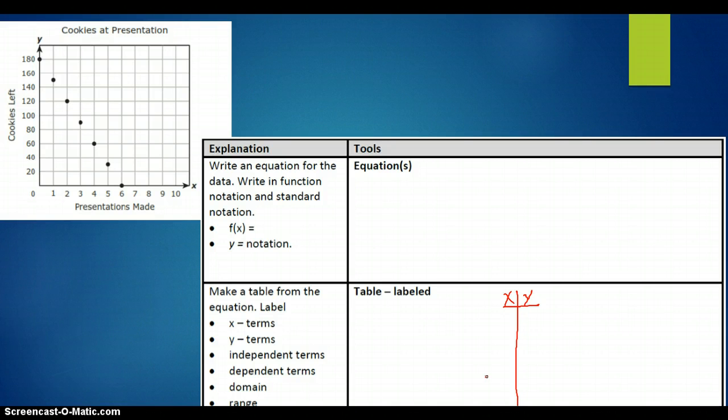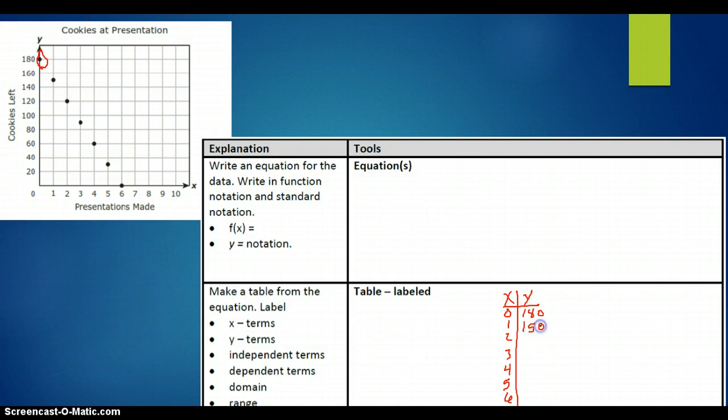You can either start at the top over here. If you see here, we start at 0, 180, and go to 6. So I think I'm just going to write 0, 1, 2, 3, 4, 5, 6. My 0 is with 180. And then 1 is right between 160 and 140.